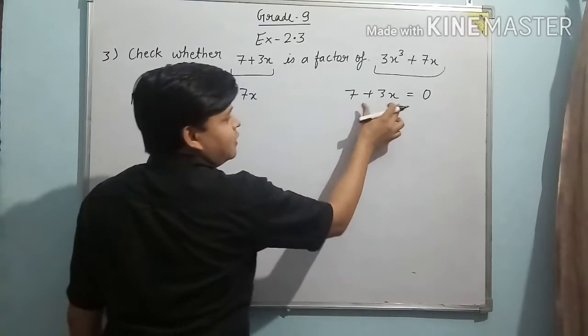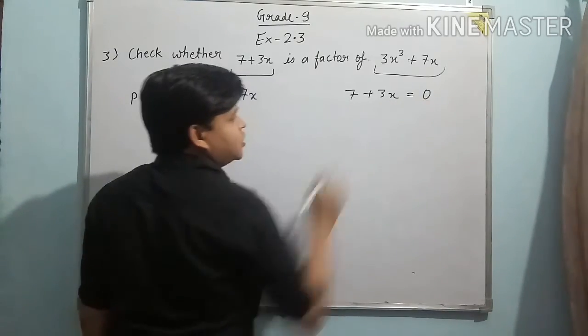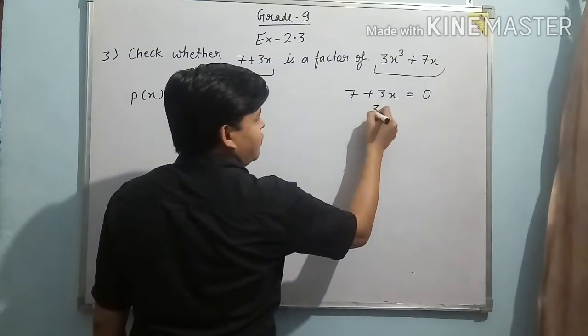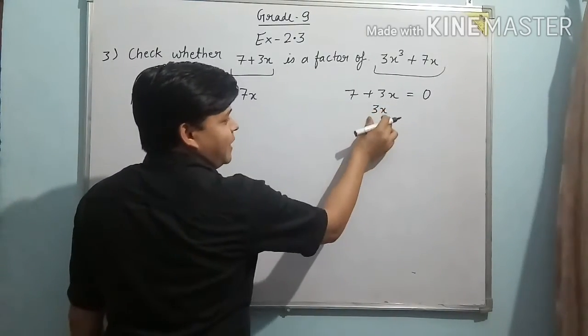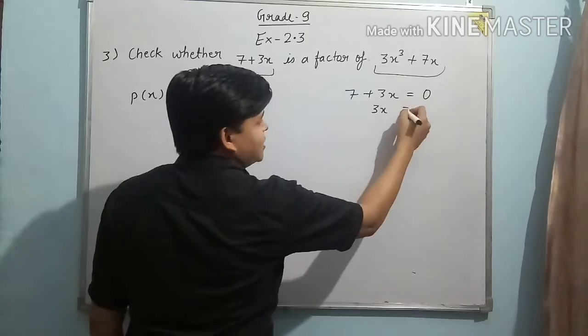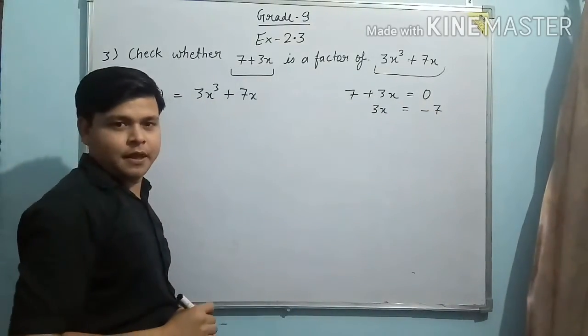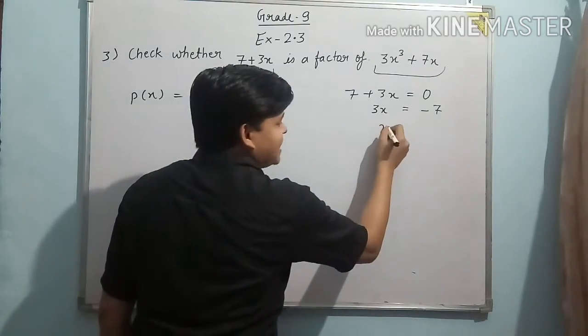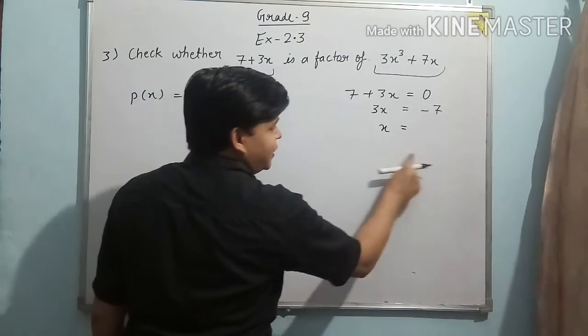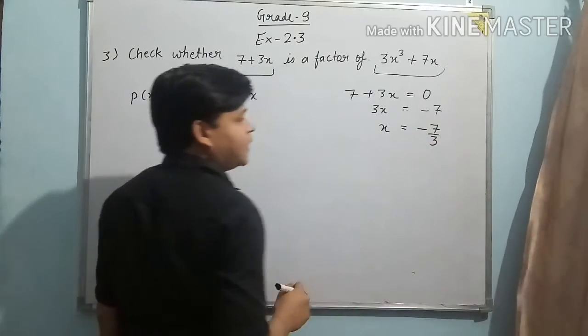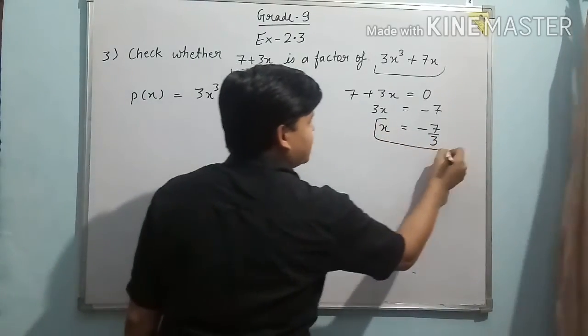That means divisor you will put divisor equals to 0, and from here you will get the value of x. So first of all, 3x will remain as it is, and 7 we are sending to another side, and this plus 7 will become minus 7. Then x will remain here, and this 3 will come in denominator of minus 7 here. So this is the value of x from here.